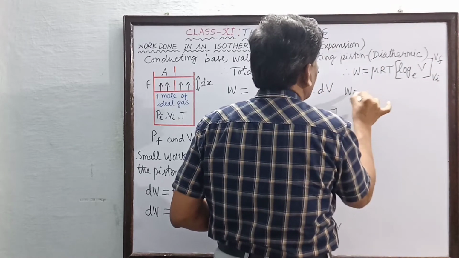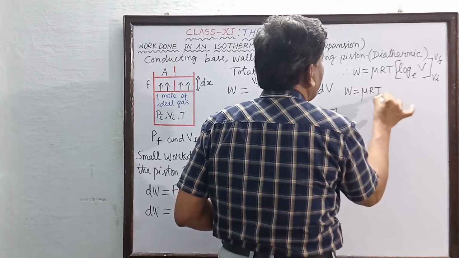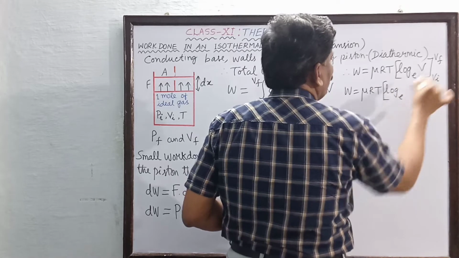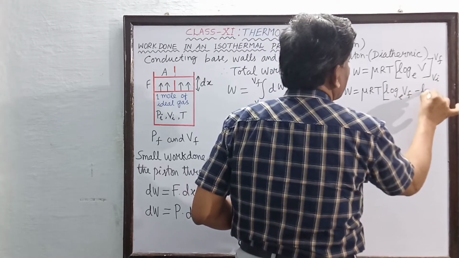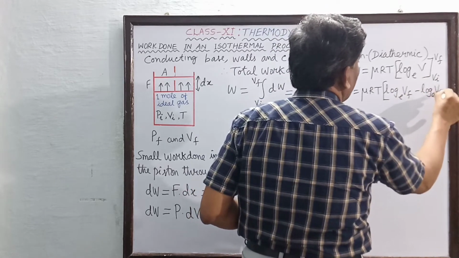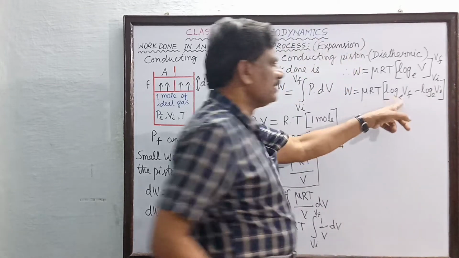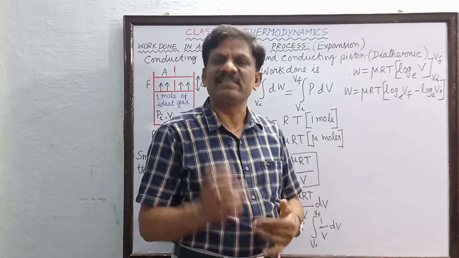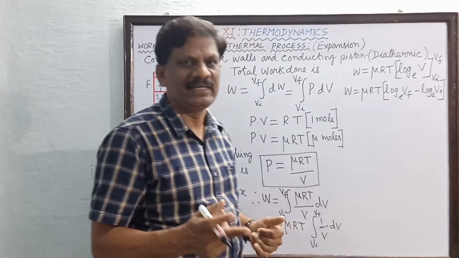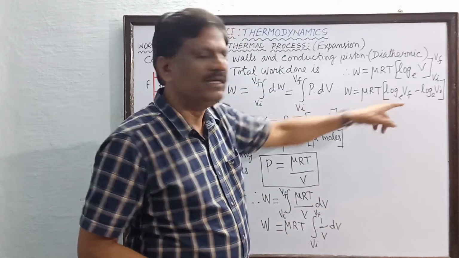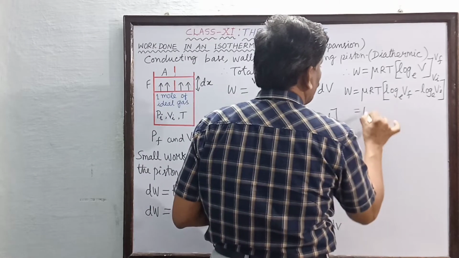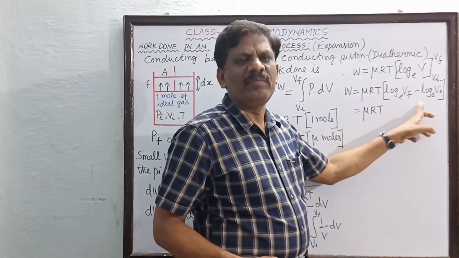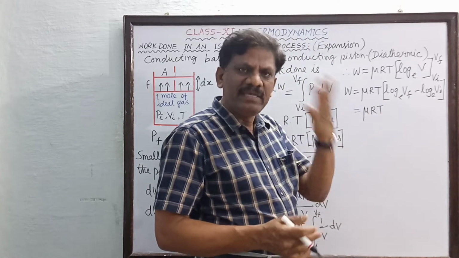So W is now equal to mu R T times (log base e V final minus log base e V initial). This is a natural log, which we can also express as ln, the natural log to the base e. So this is now equal to mu R T times... log a minus log b is also equal to what? The log of a by b.